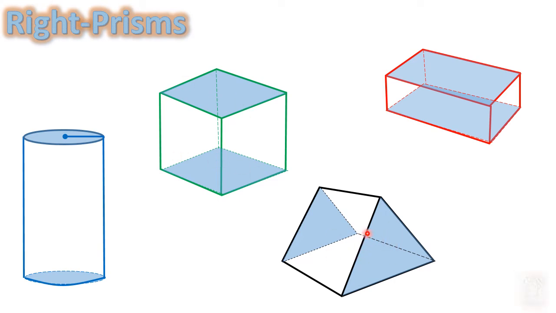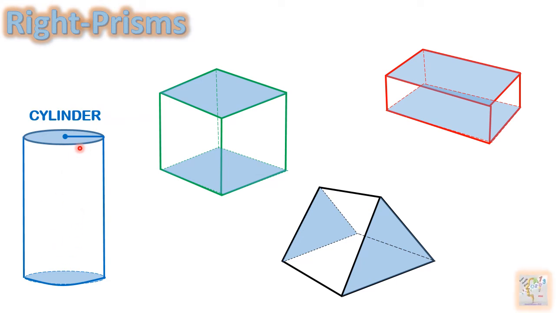So we must put it in such a way that the bottom part is on the flat surface, and the bottom part is the same as the top part. For every hidden side of our three-dimensional shapes, we will use broken lines. These broken lines indicate the sides that you cannot see. They are hidden.